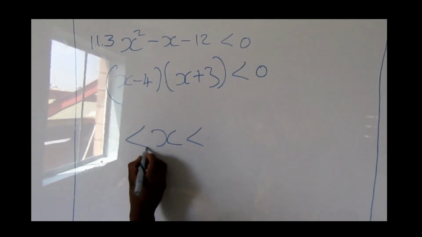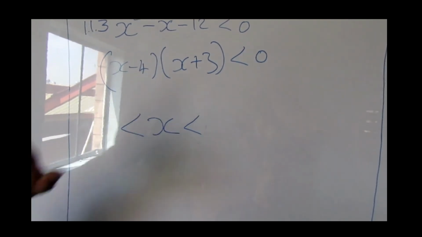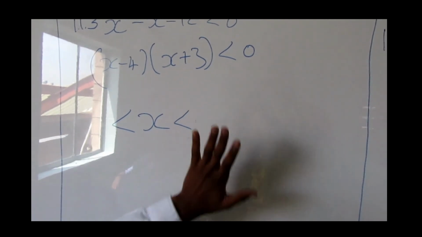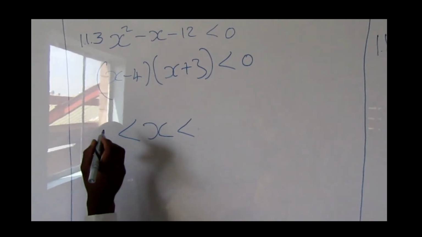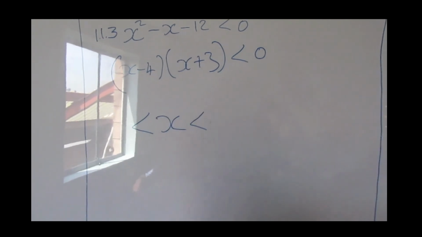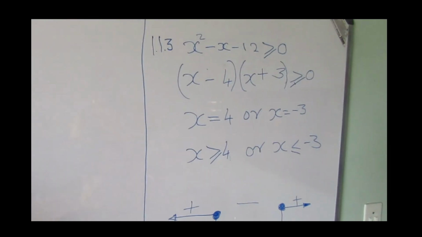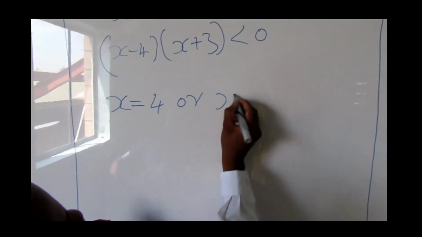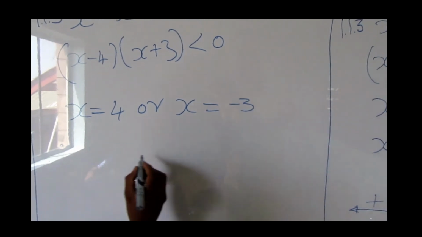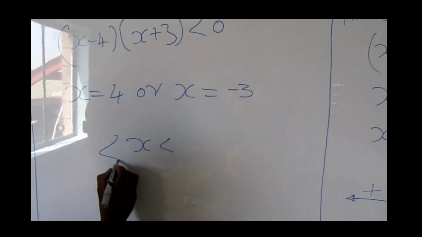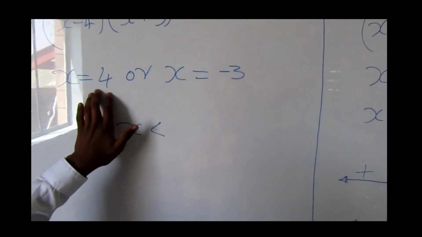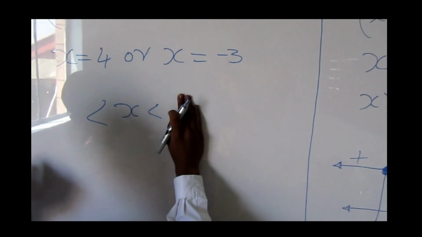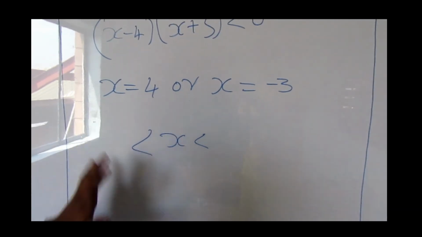Then on this side, we always put a smaller value. On this side, we always put a bigger value. We know our first x is positive, our second x is negative, so on this side we put the positive value, on this side we put the negative value.